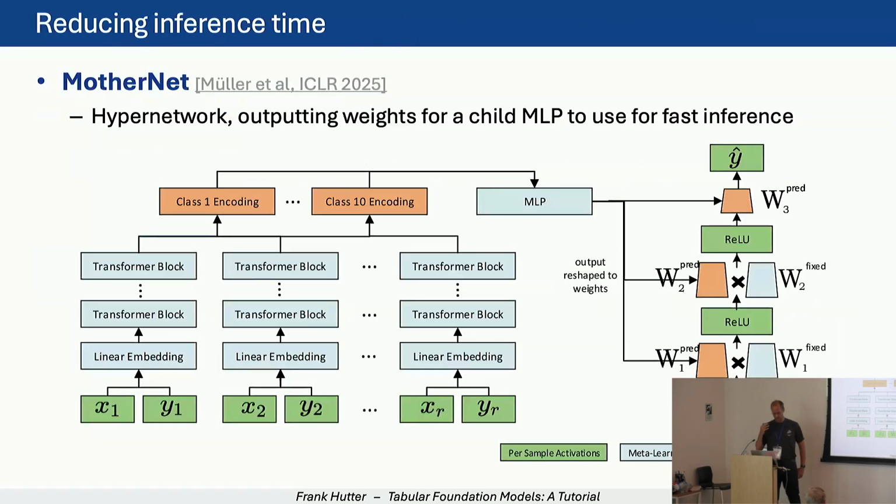All right, then there's lots of cool work on reducing inference time. So Andreas Müller has done great work here, in particular with this hypernetwork approach, where this architecture might look complicated, but at the end of the day, this part here is sort of a TabPFN. And then you have this MLP that spits out not the predictions y-hat test, but actually the weights of a neural network, of a simple MLP.